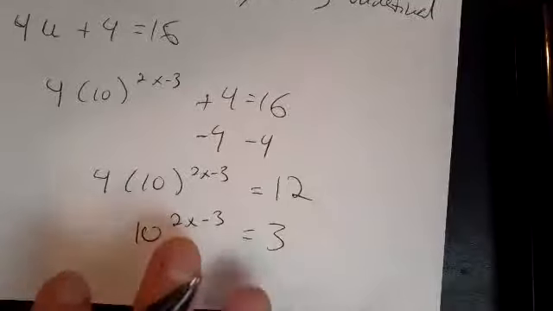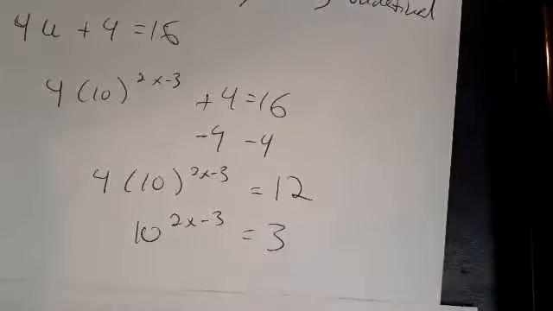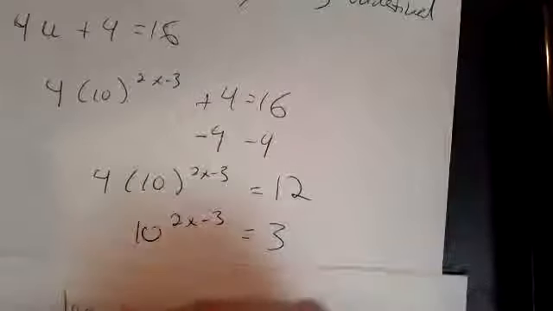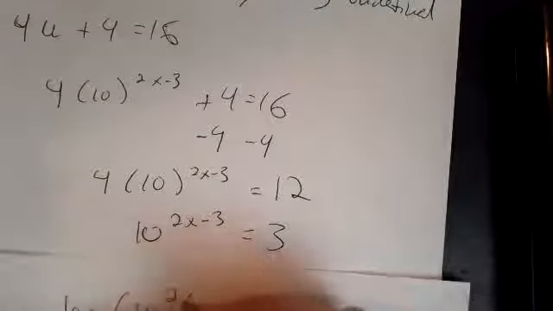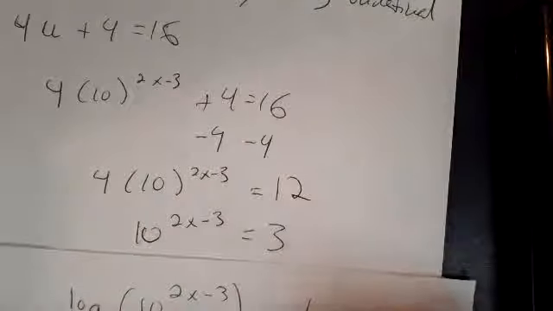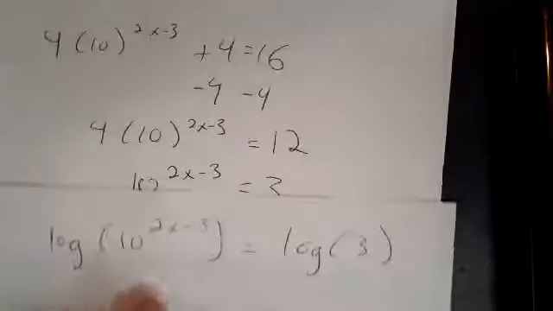Okay, now I'm where I was in the previous problems. I have a base 10 exponential by itself. I want to take the log of that thing. Log of 10 to the 2x minus 3 is going to be the same as log of 3. So take the log of both sides.